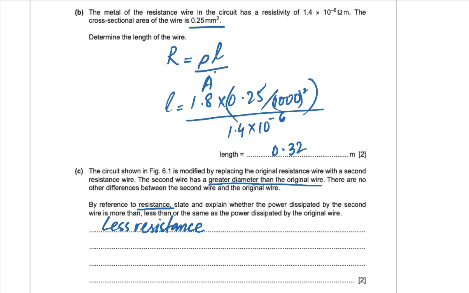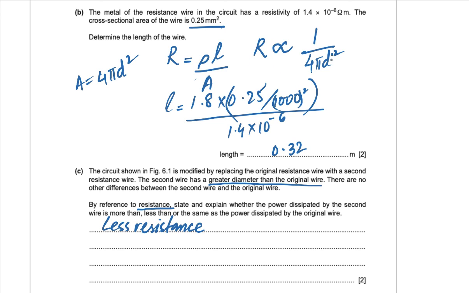So greater diameter means less resistance, first of all. Because resistance is inversely proportional to the cross-sectional area, and cross-sectional area is pi d squared over 4, right? So resistance is directly proportional to 1 over the cross-sectional area. They share an inverse relationship.